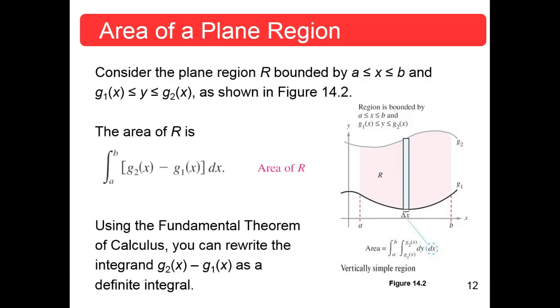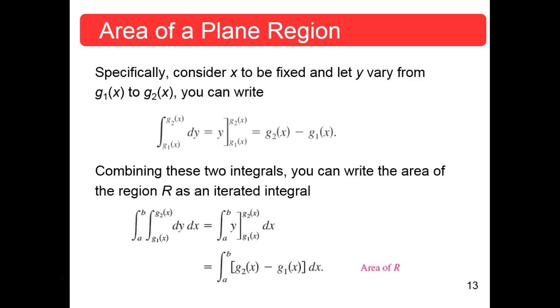What they're saying is the thing that's in here, you can refer to that as an integral of y going from g1 to g2, which is exactly what they did here. The integral of dy, the antiderivative of dy is just y, evaluated here, g2 minus g1. Combining those two, this one up here produces the difference, and then the last one has the limits on x, going from A to B. Okay, so you come back to the same thing we just had.